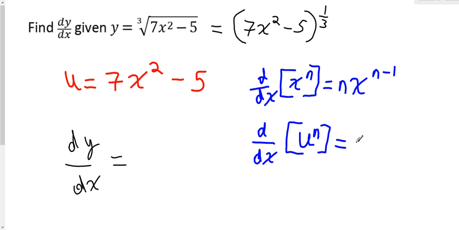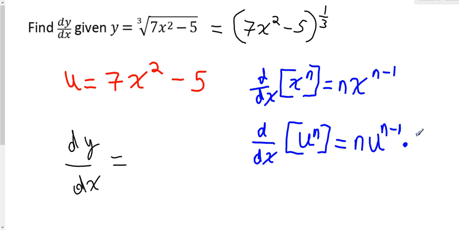So that would be n, and the independent variable u to the n minus 1 power. So this is taking the derivative of the outside function u to the nth with respect to the inside function. So we're using the inside function as the variable. So u is being used as a variable. But then we have to multiply that by the derivative of the inside function with respect to x.